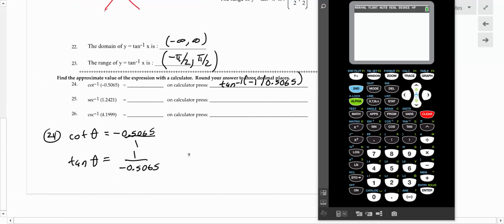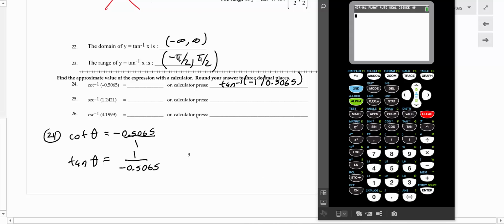Now, to remember that, I try to get students to do it this way so that they can reason it out if they forget. So write it that way, then change it into a tangent. Now you're going to do inverse tangent of that. Does that make sense? Because you don't have an inverse cotangent if you've got a TI calculator, one of the older ones, unless it's an Inspire or something. So it's going to go like that.